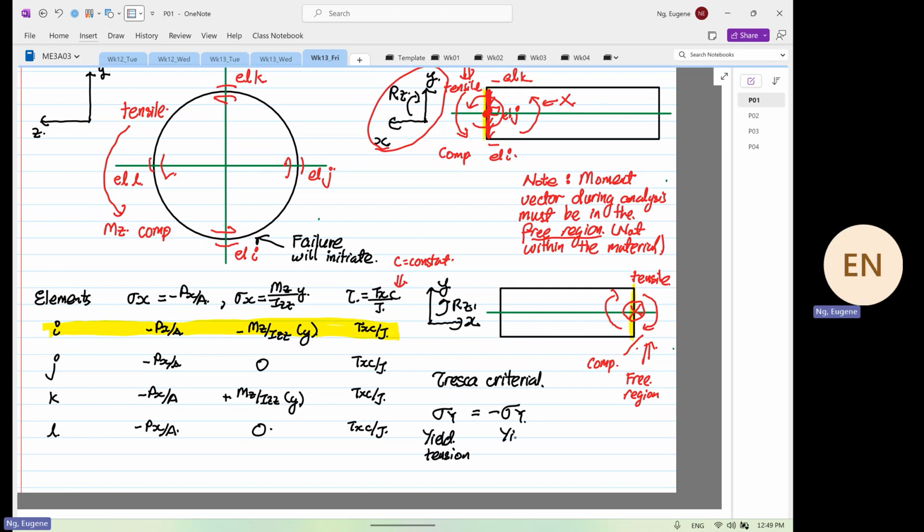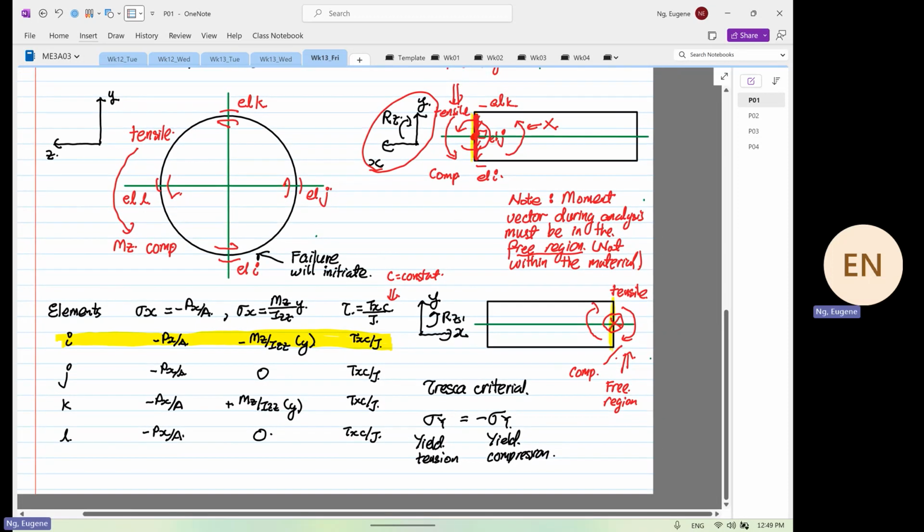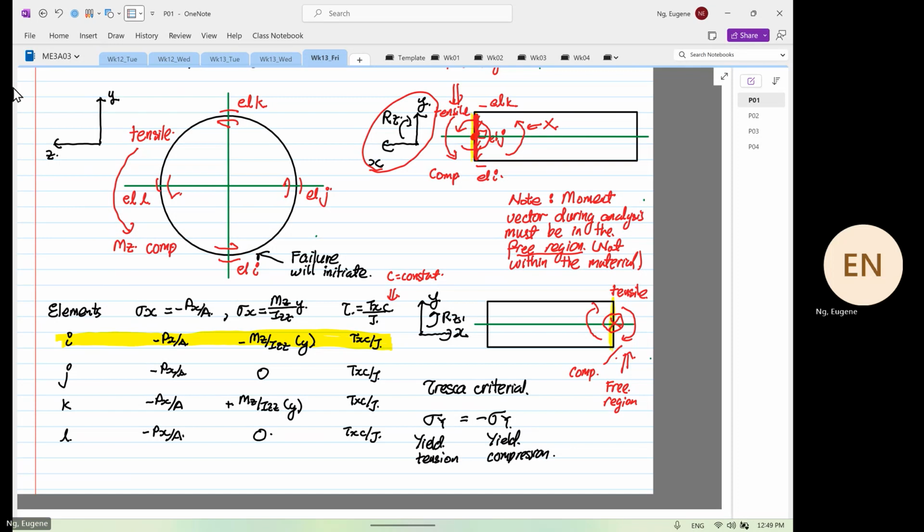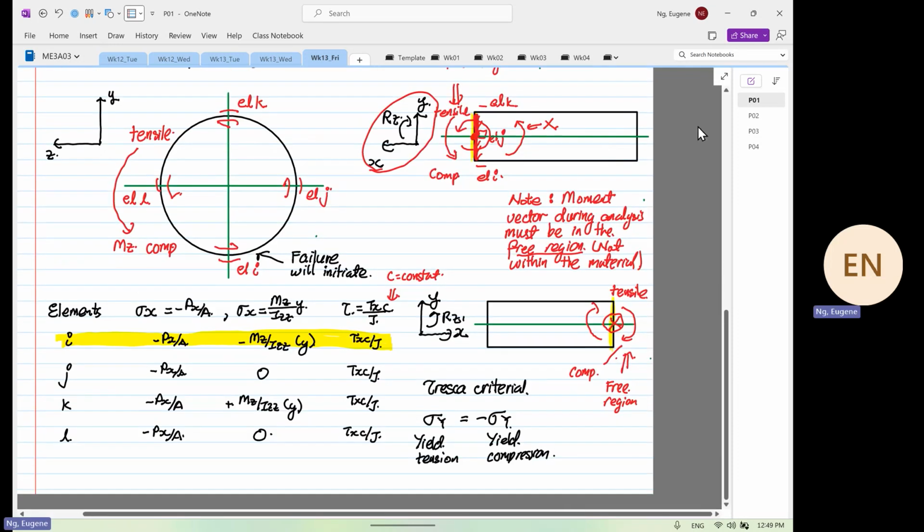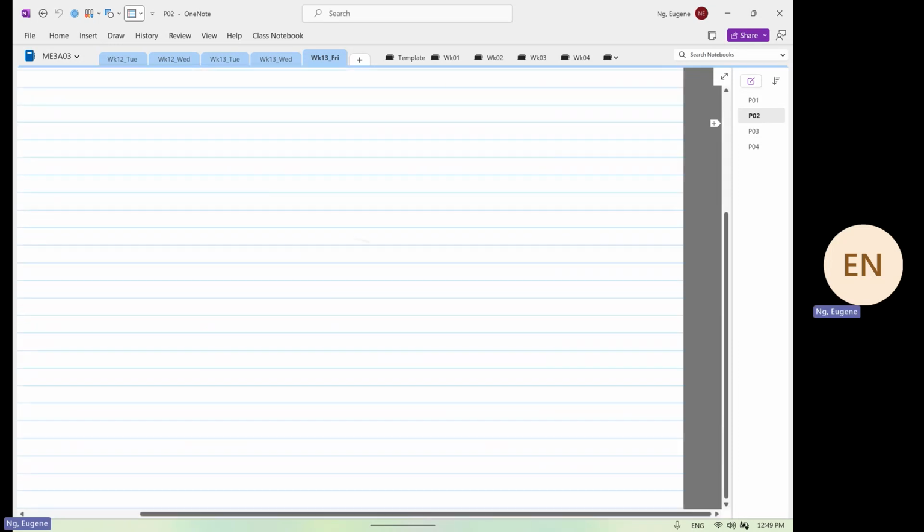Like what I told you before, in real life that's not necessarily true, but it's okay for now. So now we are going to focus everything onto element I. Any questions so far? Is this clear? Yes? Okay. So the next thing we're going to do is consider element I.